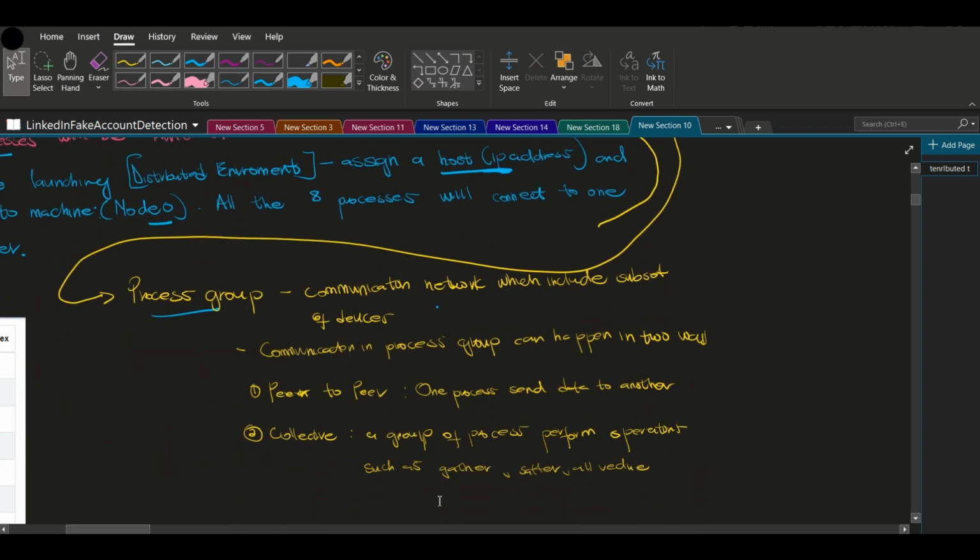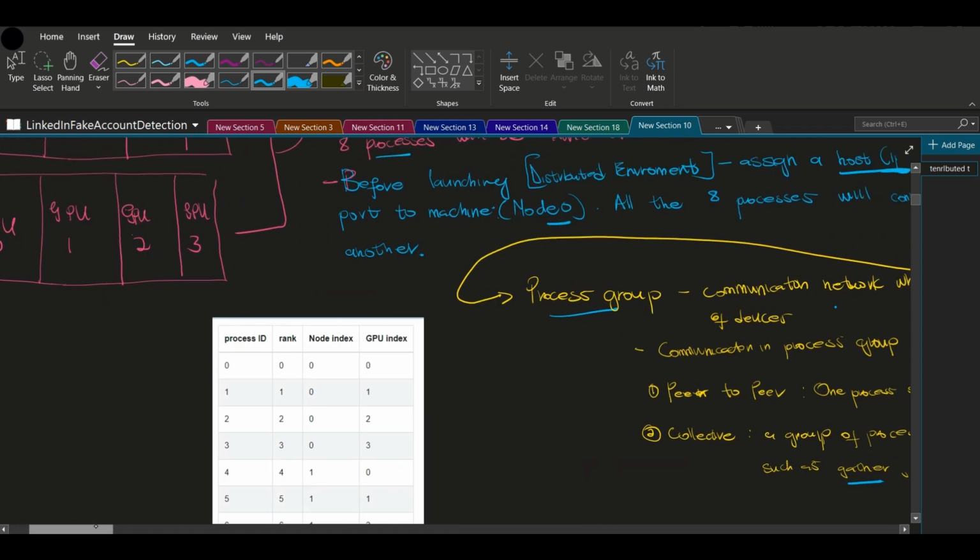This can occur in different ways: we have peer-to-peer, whereby one process sends data to another, and we have collective, whereby a group of processes perform operations such as gather, scatter, and all reduce, which are techniques we're gonna get into in more detail as we continue. So what we end up with is a process ID, a rank, a node index, and a GPU index, which represent our rank.